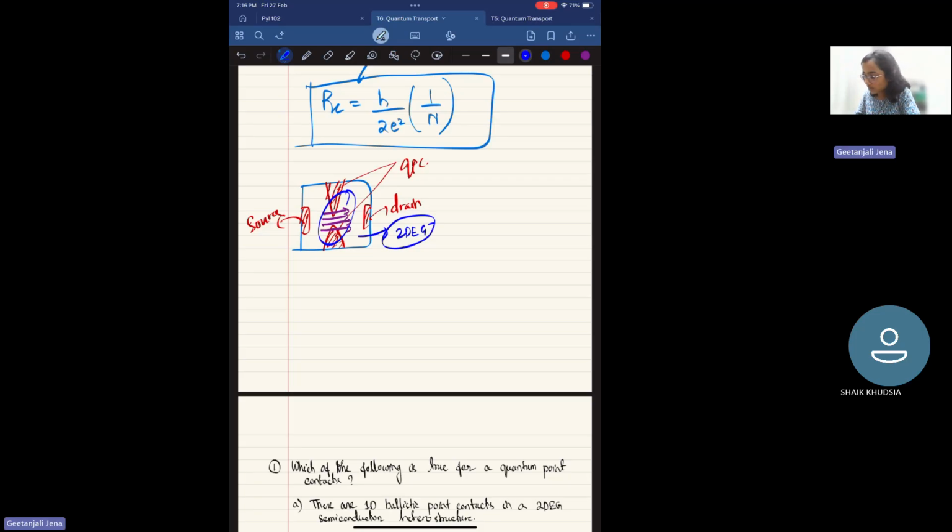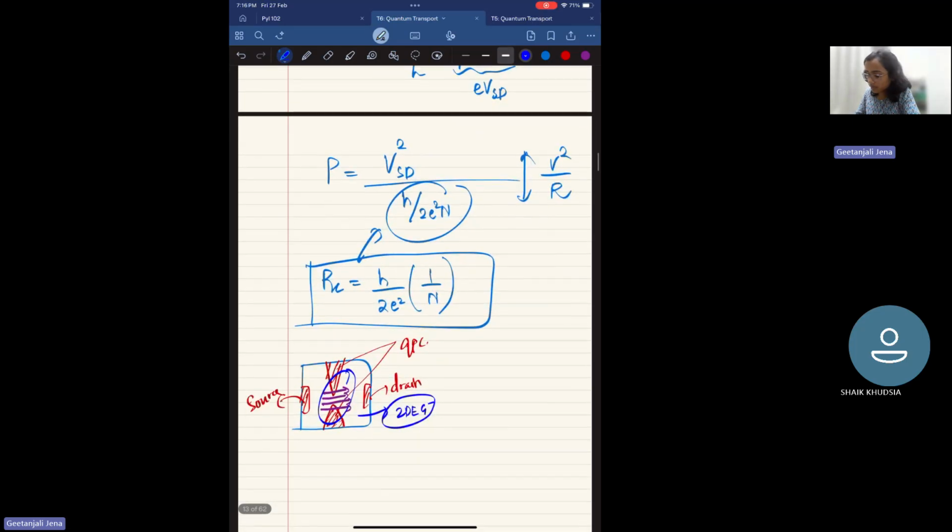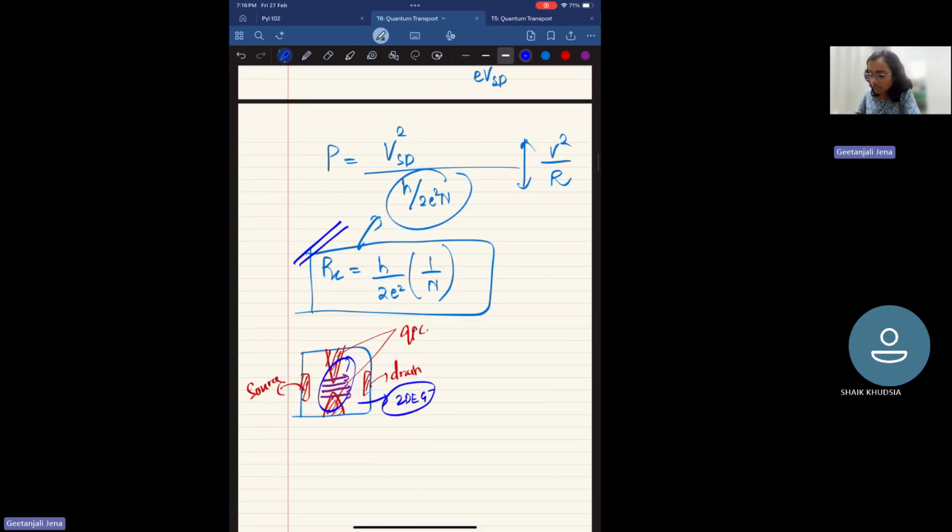once again, which case do you want me to repeat? Up to this part, let me know whether it is clear or not. You have followed the contact resistance, right?